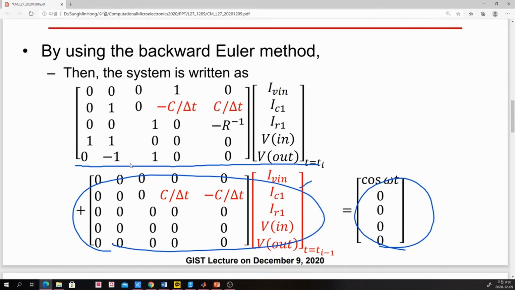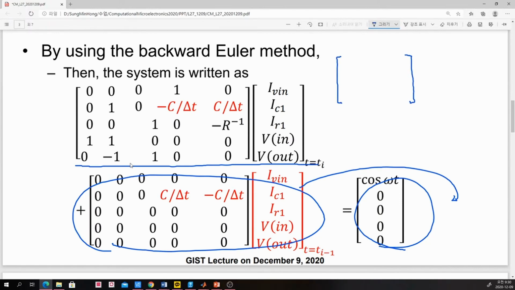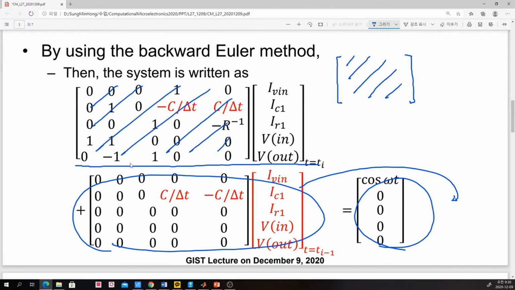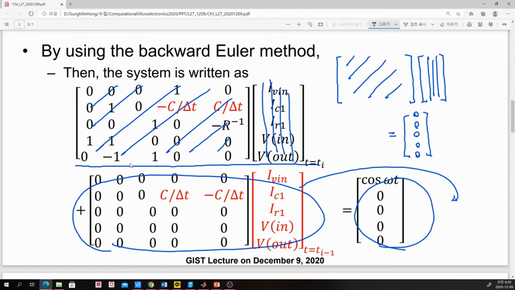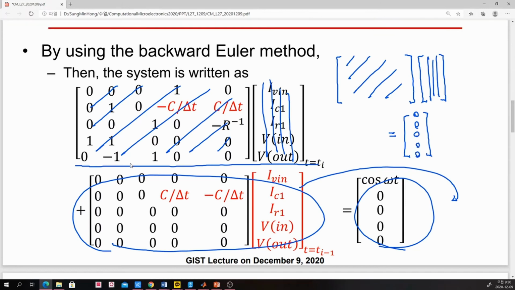We can just put it here, then everything can be written as our system matrix, shaded here, times our unknown variable, equal to a certain given vector.